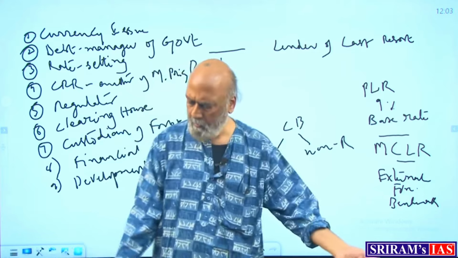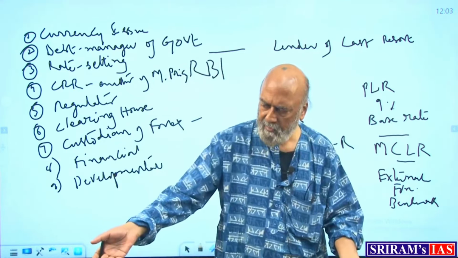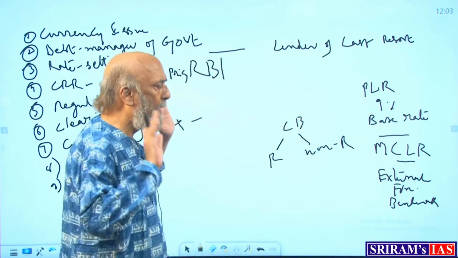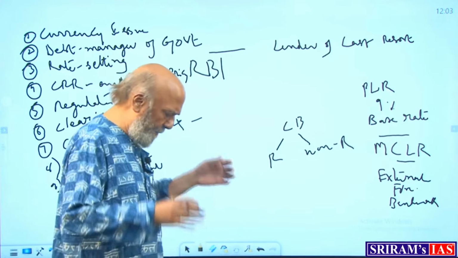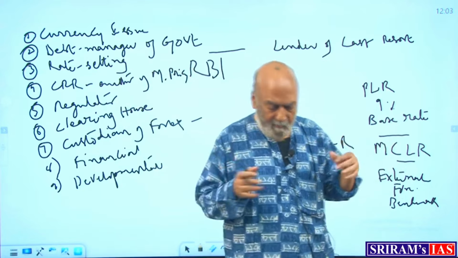So all the commercial banks, when you are lending for 1 year, charge this much. That's it. So there is no problem after that, because you can't manipulate a treasury bill rate. That is about the most truthful reflection of the market.